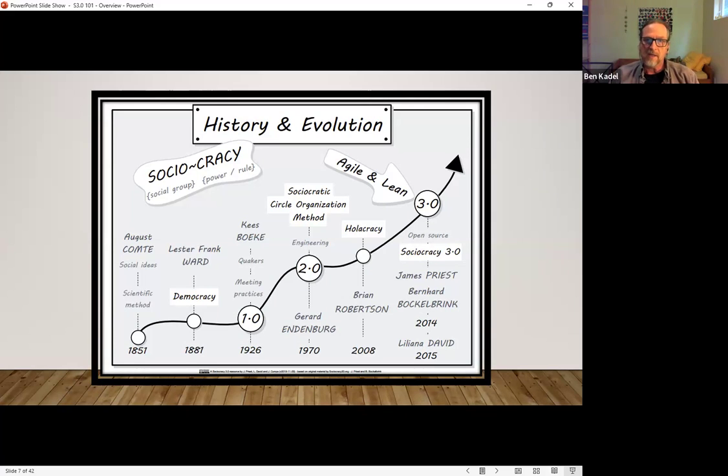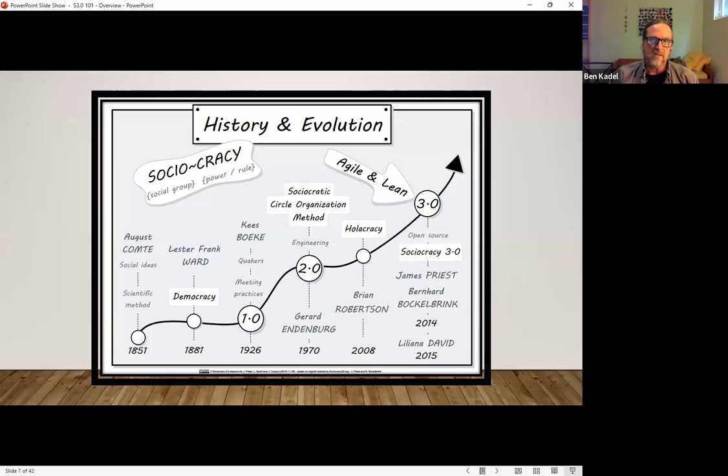And the company Endenburg Electric that he pioneered sociocracy with is still using sociocracy, is still in business, and employs something like 100 people in the firm. So this is a system that has real world application.